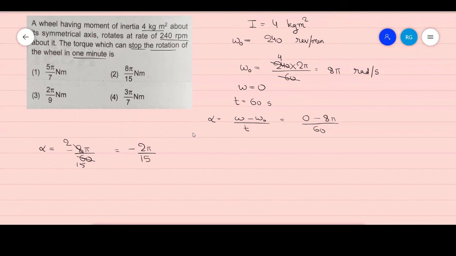So the torque will be I alpha. I was 4 and alpha was minus 2 pi upon 15. So the retarding torque in this case will be minus 8 pi upon 15. So the option 2 in this case is correct.